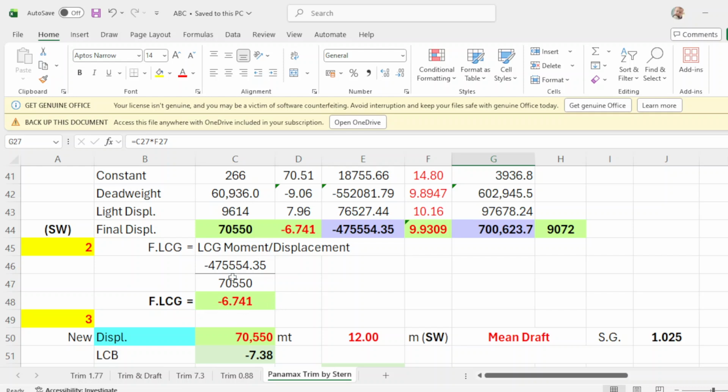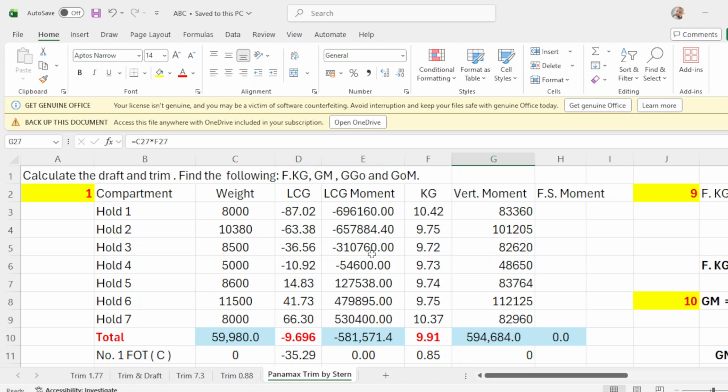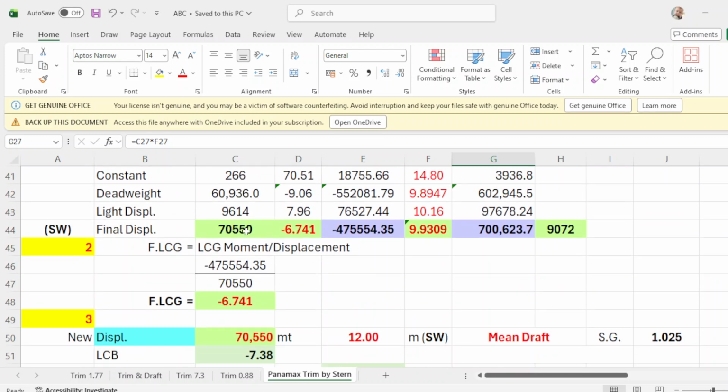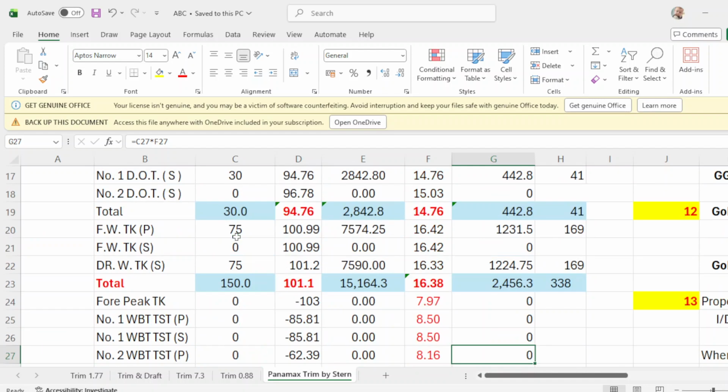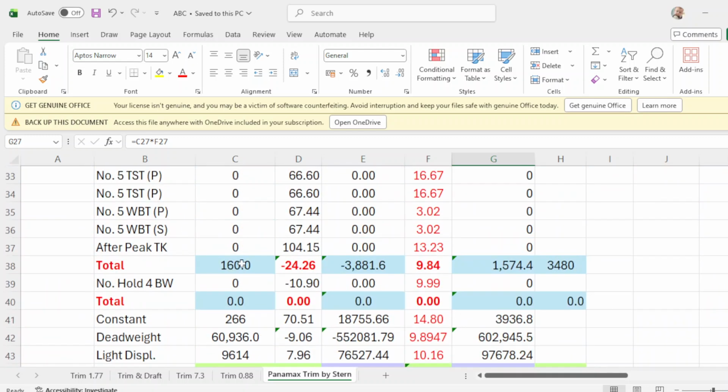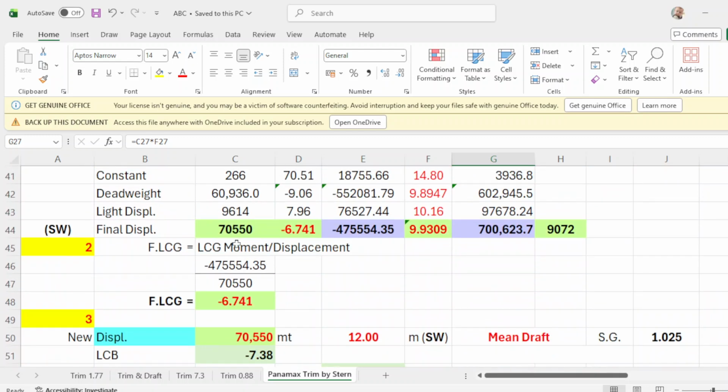Okay, so LCG, which is this one, LCG moment, divide with your total weight or displacement, and the final LCG will be negative 6.741.